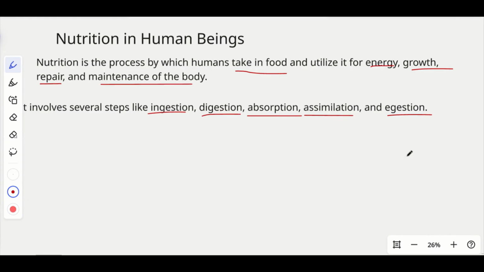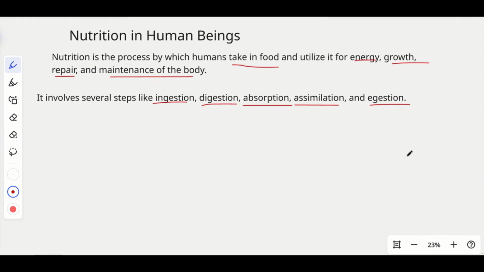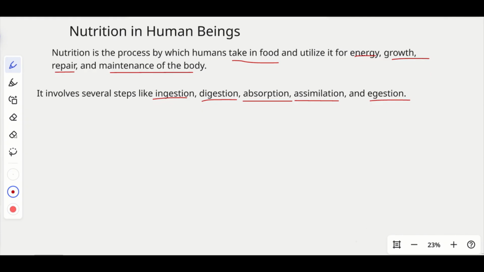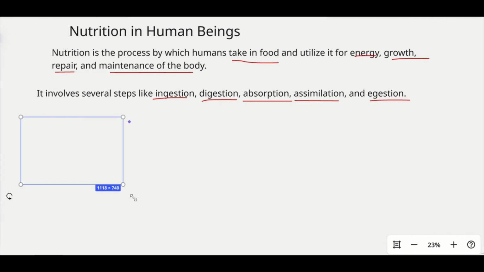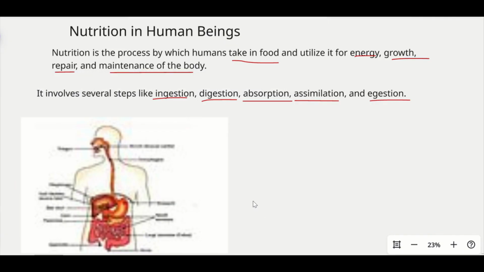So first I'll show you one figure related to our digestion process. With the help of the diagram, we can explain it further. Let's take a look at this figure. Here we can see the flow of how food travels through our body.